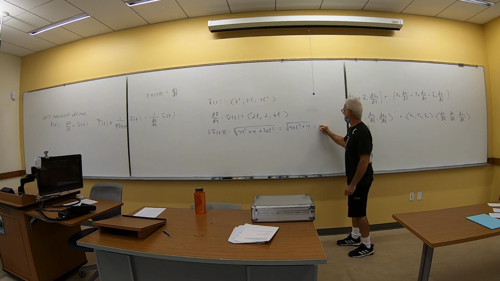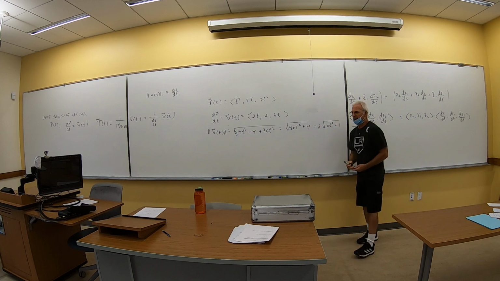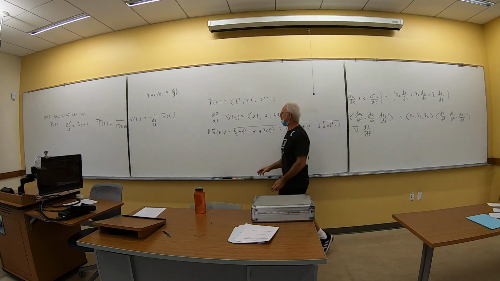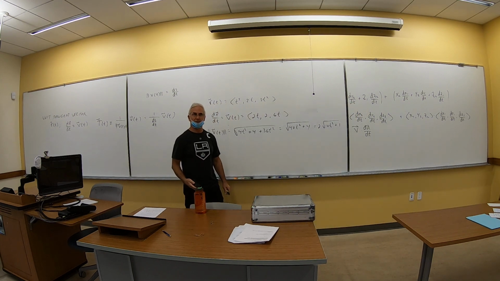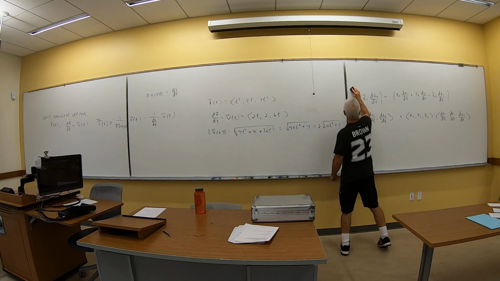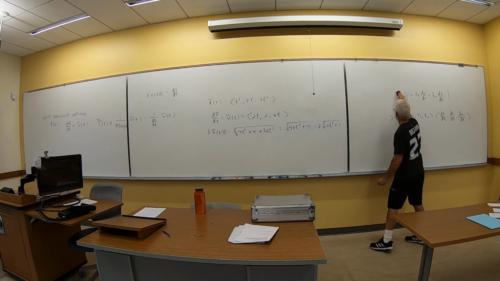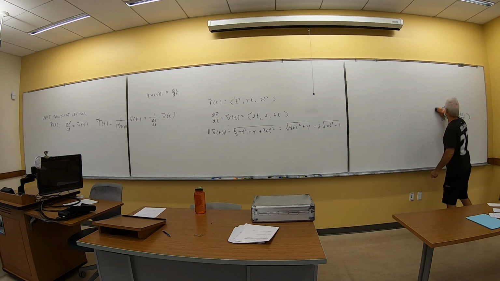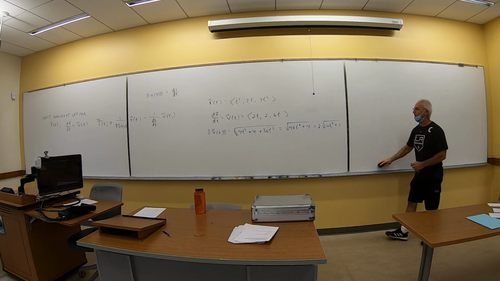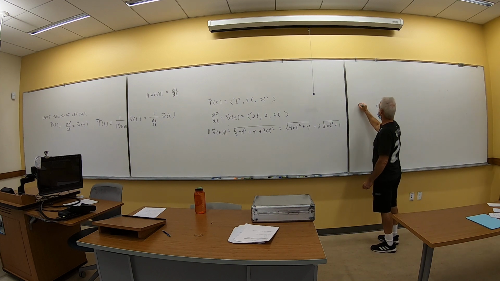Yeah, in which case this would be 2, and then that would be the root of 10t squared plus 1. In the long run, that will probably be easier to work with, okay? And when it comes to roots, you always want the smallest roots possible because it can get really big and ugly really fast.